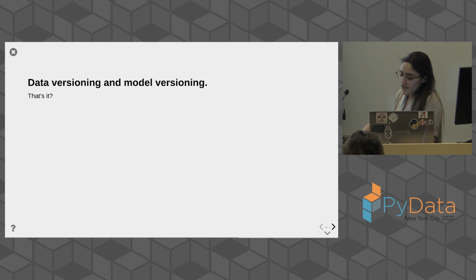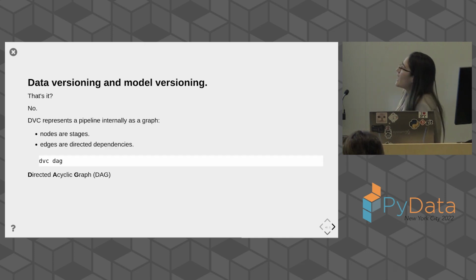And that's it? Well, no, that's not it. Actually, DVC has very cool features, and one of my favorites is dvc dag, that is a directed acyclic graph. And what we have is a cool ASCII plot of what we are doing in our pipeline. Essentially, the stages that I just defined with dvc stage add will be nodes, and whatever dependencies we have are edges.